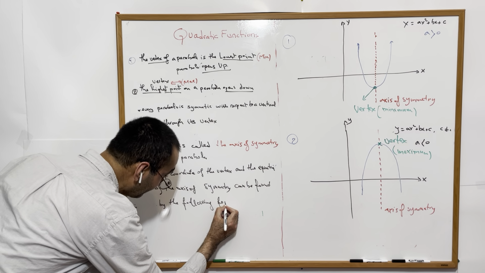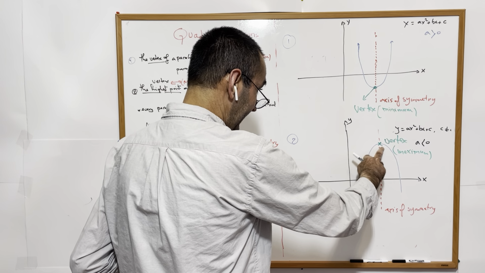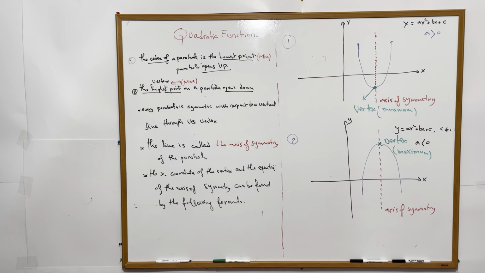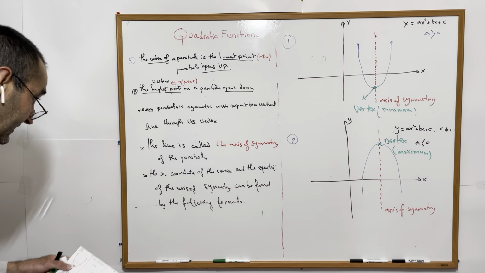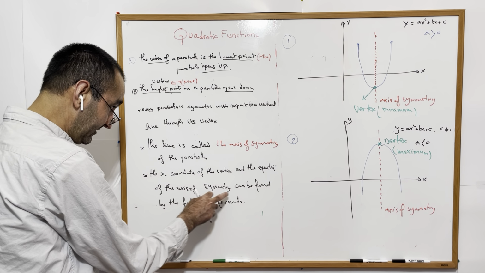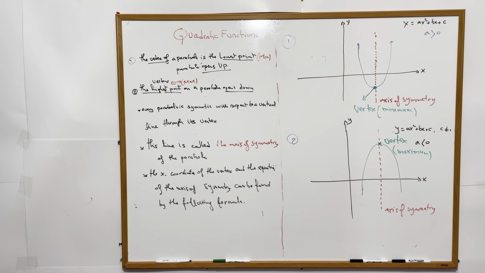The vertex has an x coordinate and a y coordinate. I want to explain to you how this formula finds the x and y coordinates of the vertex. It's very important.